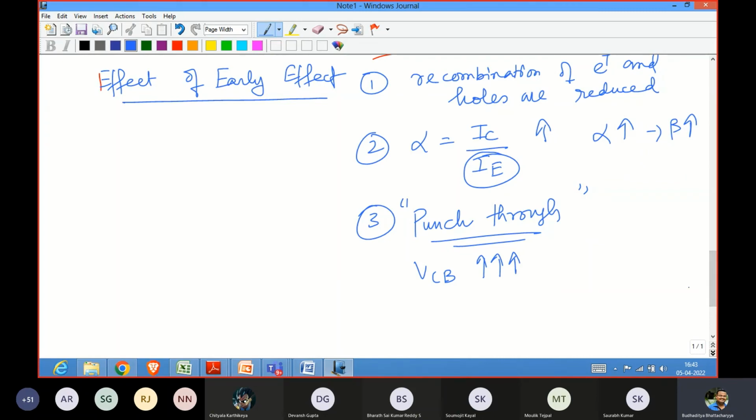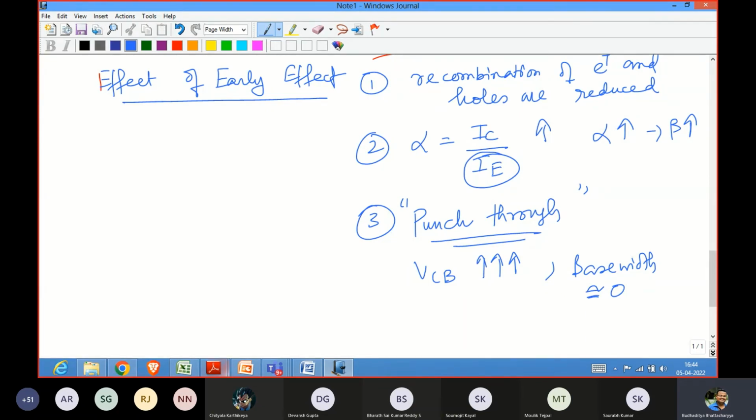The depletion layer will be so much that the base width will be almost equal to 0. As it is 0, a 3-terminal device will act as if it were a 2-terminal device, and there will definitely be a voltage breakdown. That particular phenomenon is called the punch through voltage.